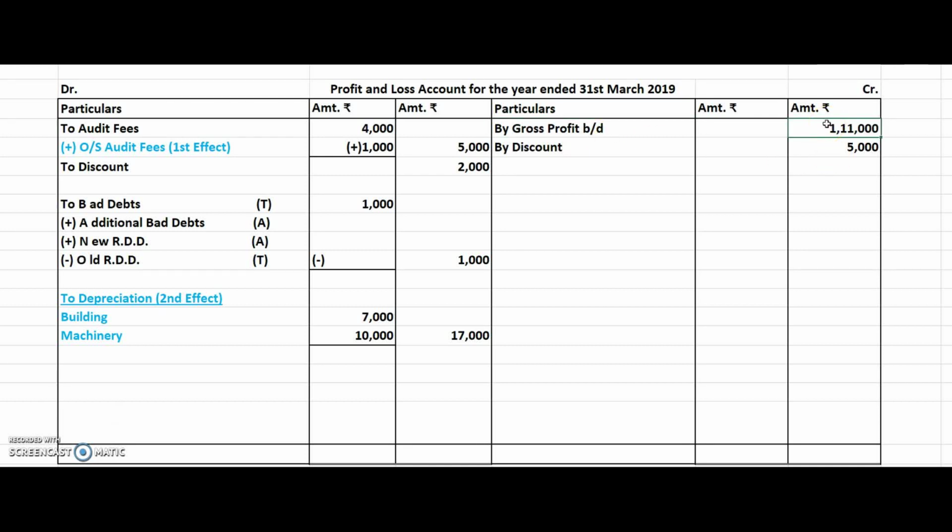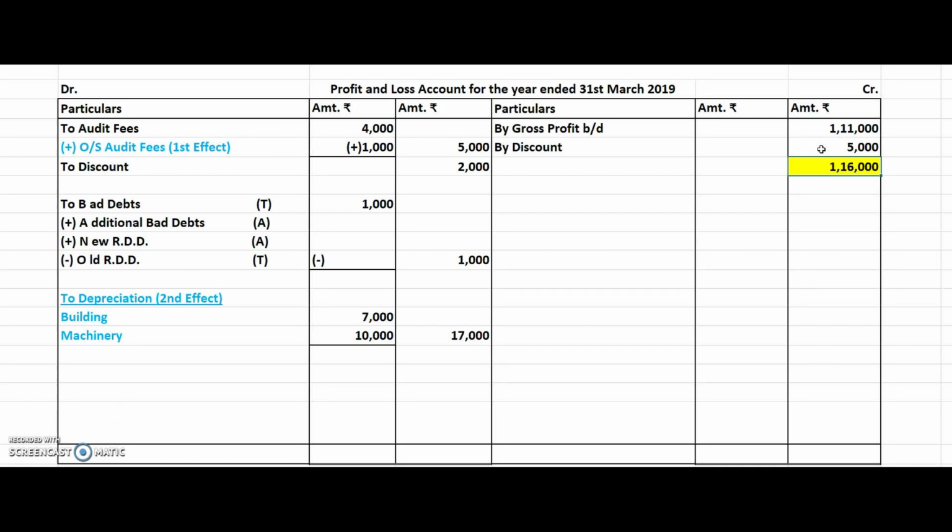Now we have to do the same casting process, which is the totaling process, in profit and loss account, for which again you will find the total of the credit and the total of the debit. Again, whatever I am showing in the yellow colored part, please note that is the rough work, which is to be done in pencil by you.